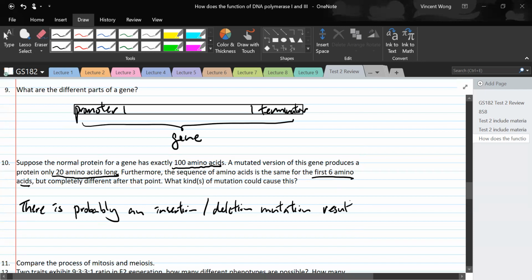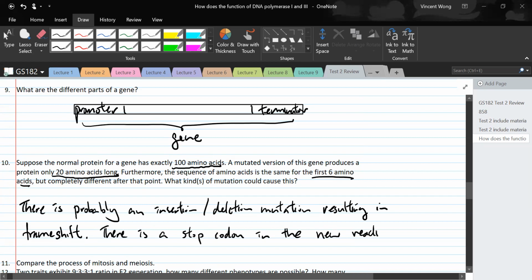Resulting in frame shift. Okay, and then it just happens that there is a stop codon in the new frame. Okay. And that's why it stops after making the 20th amino acid.